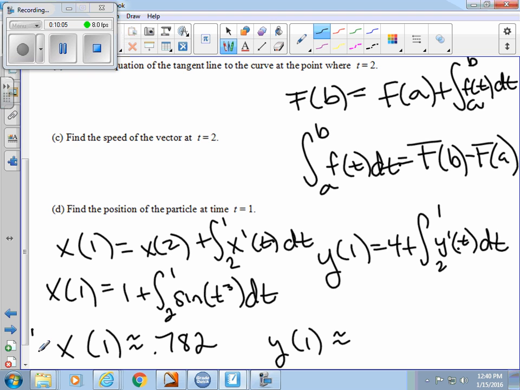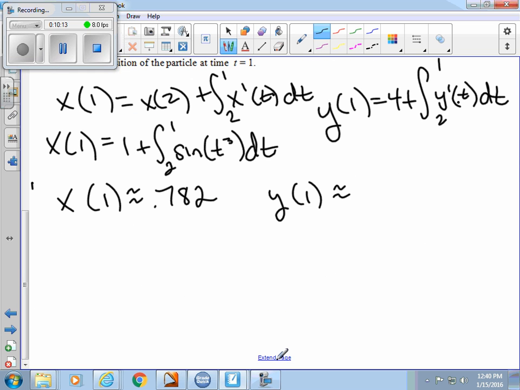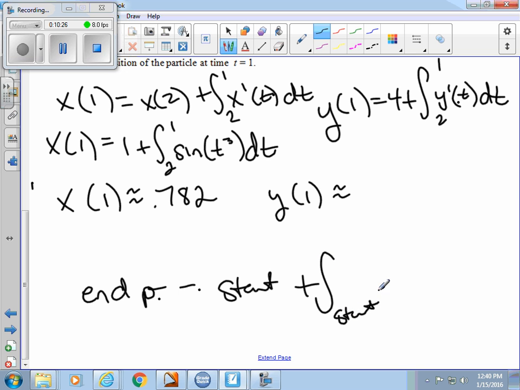But if you think about it truly, remember when we learned this formula, we didn't use A and B, and there was a reason we didn't use A and B. We used ending point equals the start point plus the integral from start to end. Well, there's a reason I used that wording, because I knew that they would change those around.